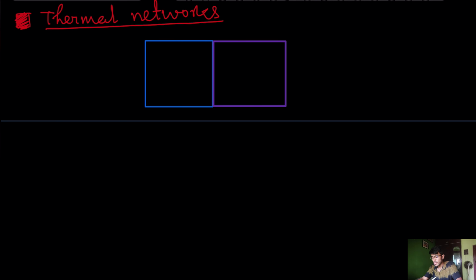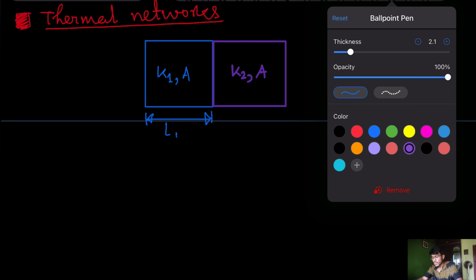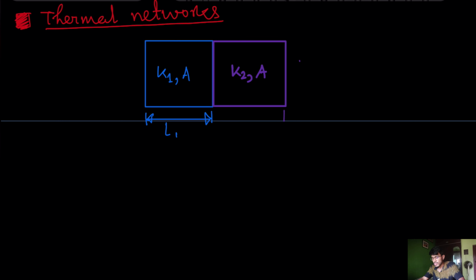This block has length L1, thermal conductivity K1, and cross sectional area A, which is the same for both blocks, and this block has K2, A, and the length is L2.